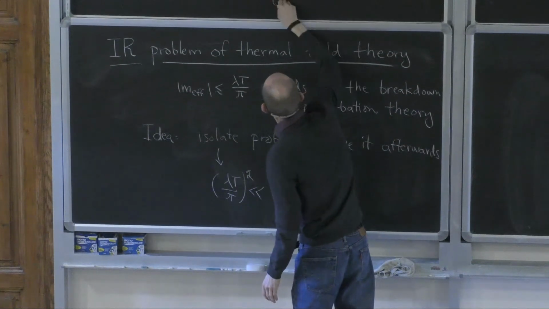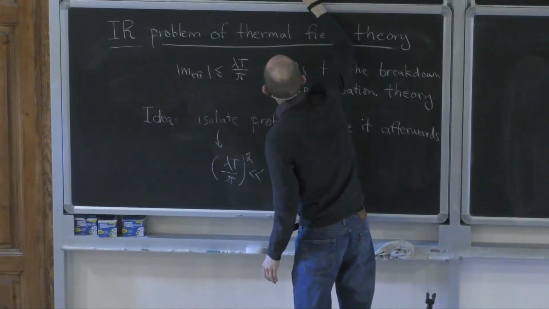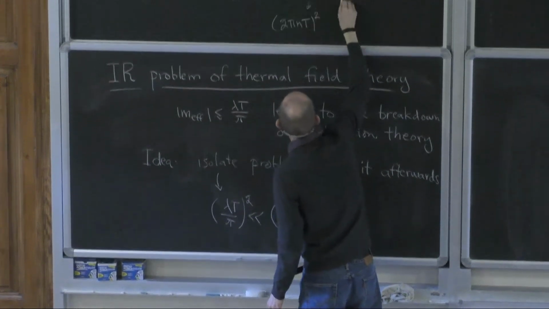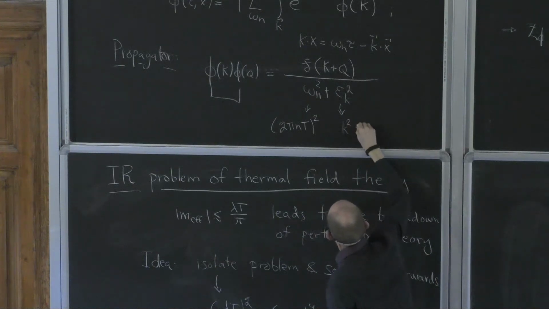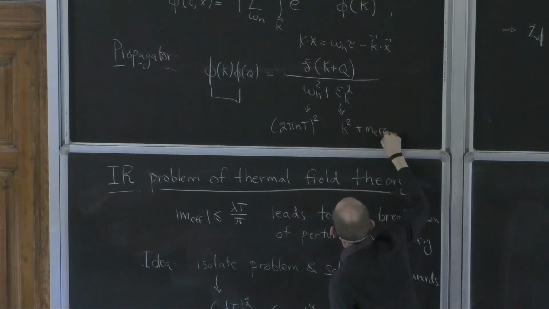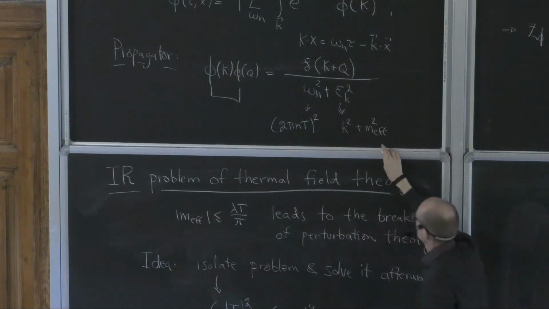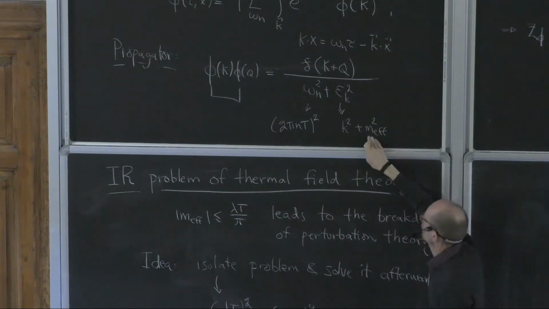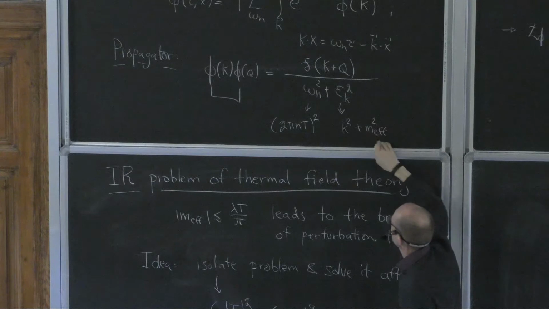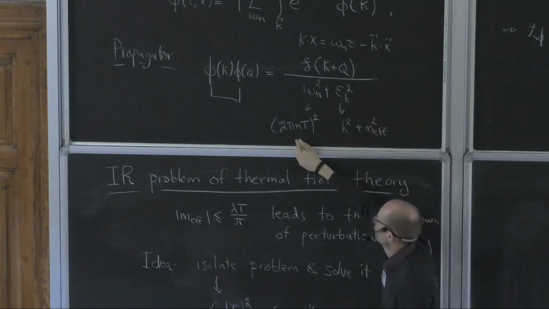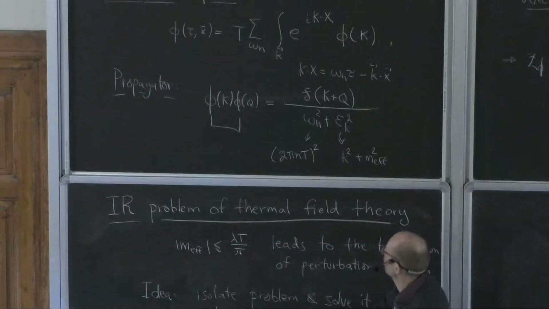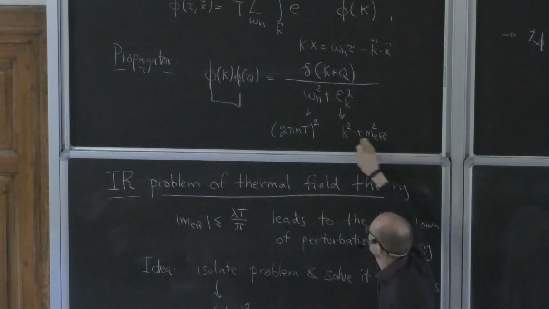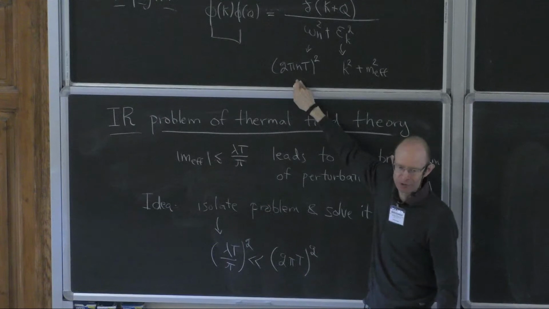These are (2 pi n T) squared, and epsilon k squared is k squared plus m effective squared. So now we see that if I have here a small number, but if I have here a large number, then it would not be a problem. I mean, a small number kind of shielded by a large number is not a problem.